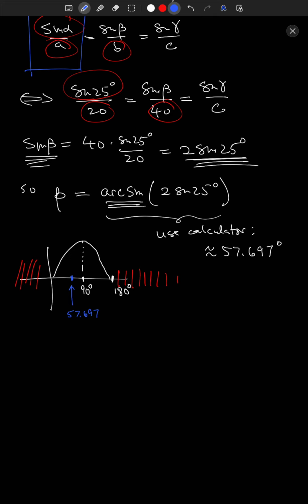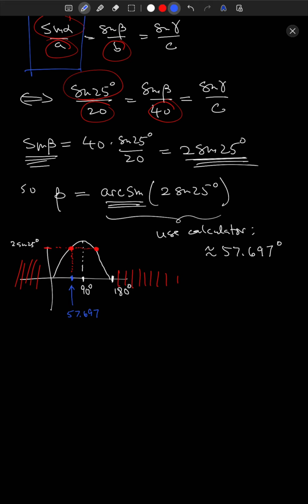Now what we've done with the calculator is we've discovered that sine of this number, 57.697, is that guy right there. And what is that number? That number is 2 sine 25 degrees. However, if we look at this, there's another angle right there that also gives the same number, 2 sine 25 degrees, right?